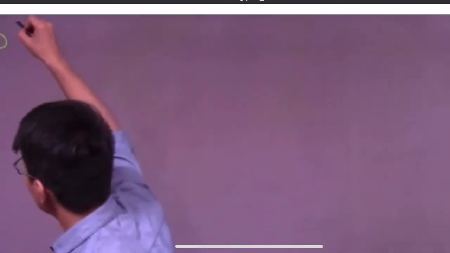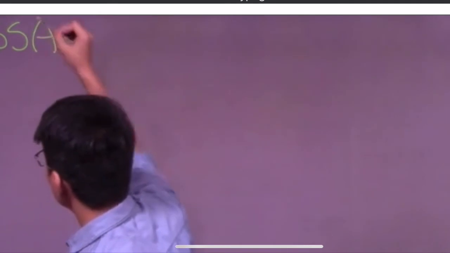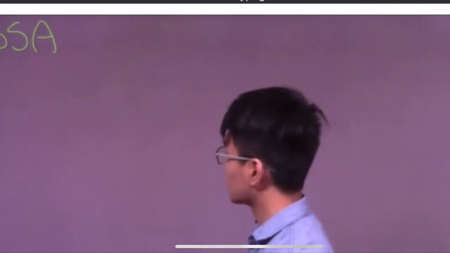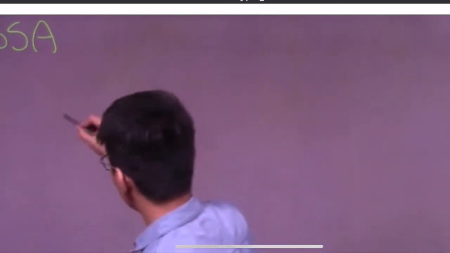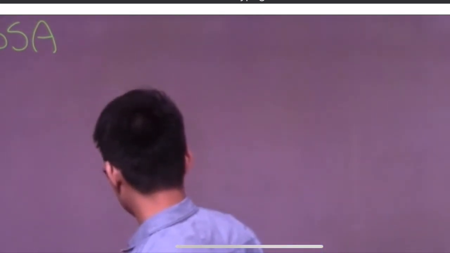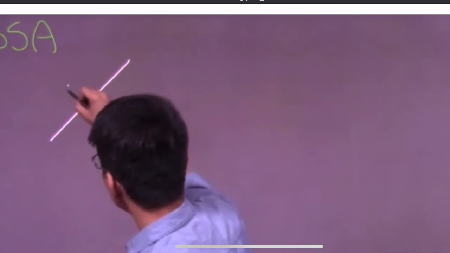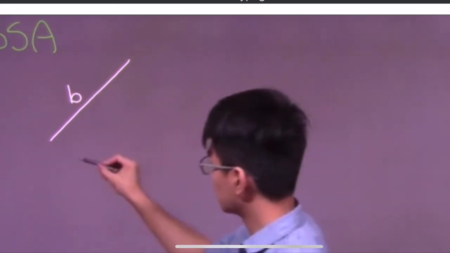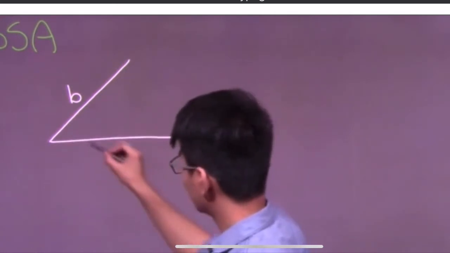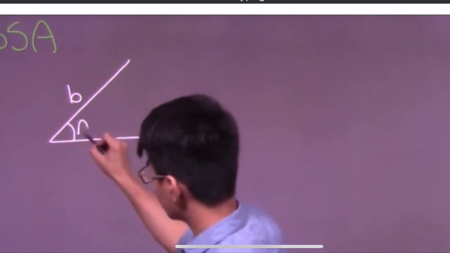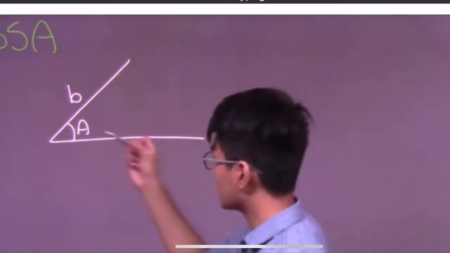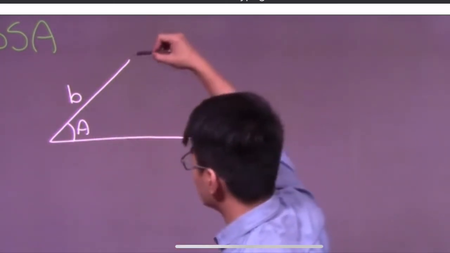Whenever we are given two sides and an angle, again, we are dealing with an ambiguous case. Let's say in the question we are given some length of a triangle. Let's label that as b, and we're also given an angle A. We can't change these quantities because the question gives us so.